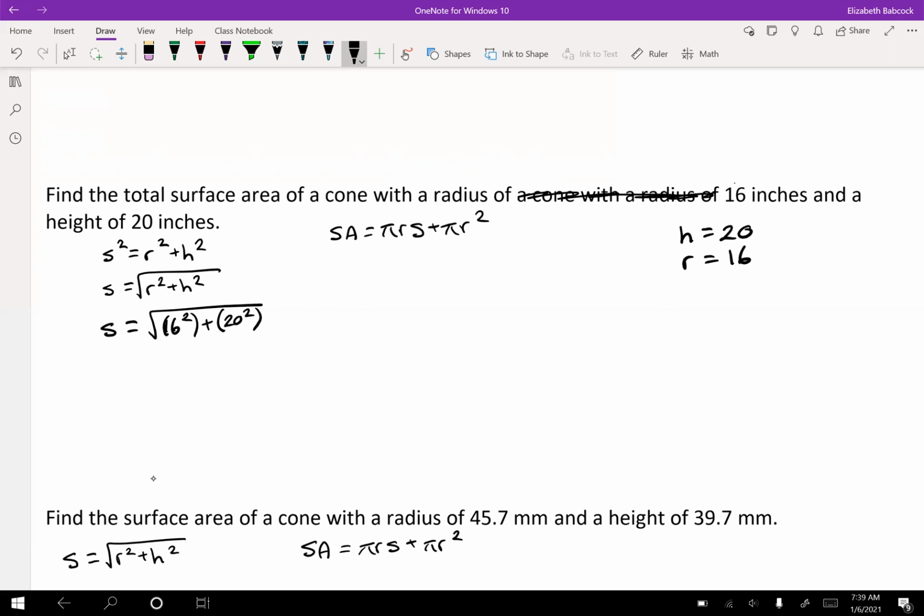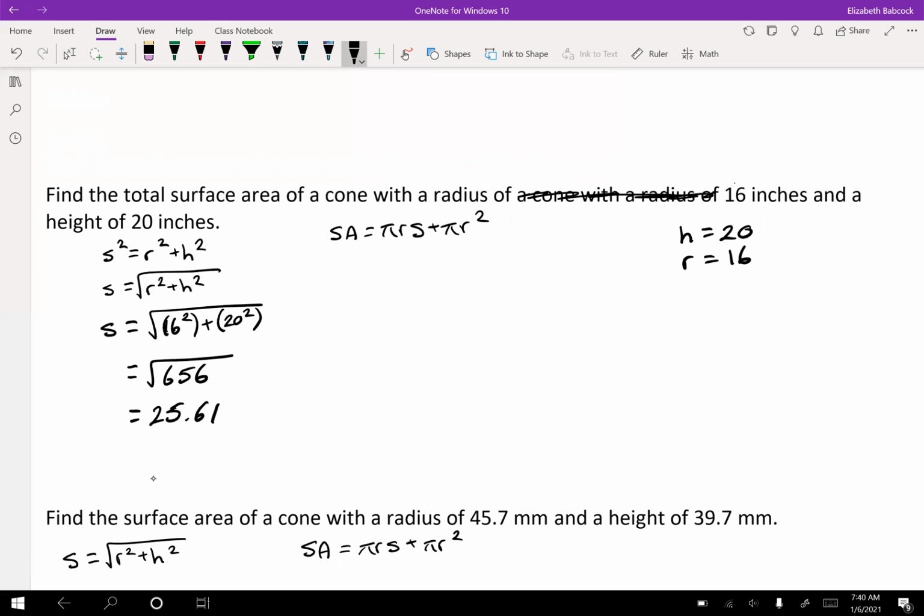So when we do that, we end up with square root of 656. So you do 16 squared to get 256, 20 squared to get 400, add them together to get 656. And then you square root it to get 25.61.